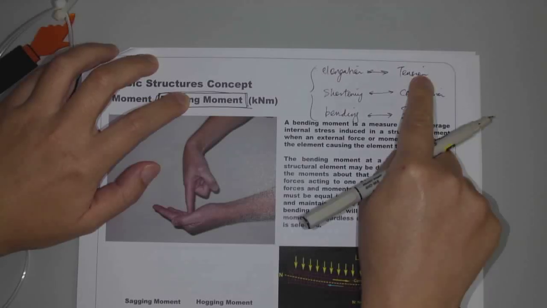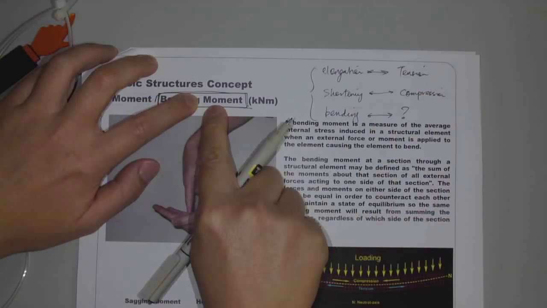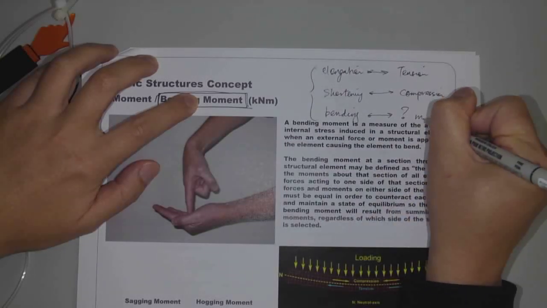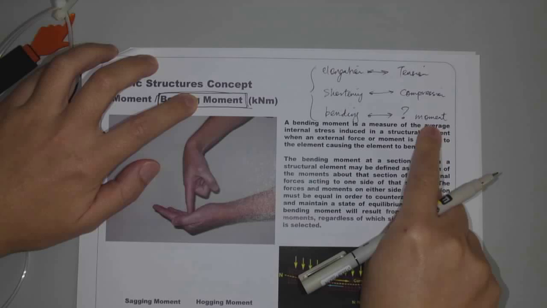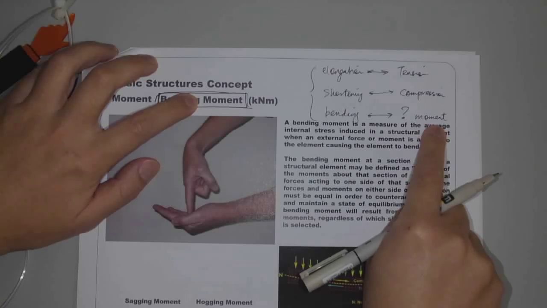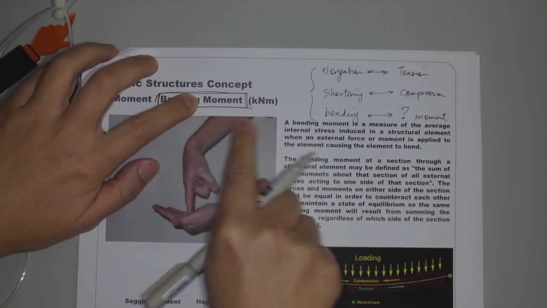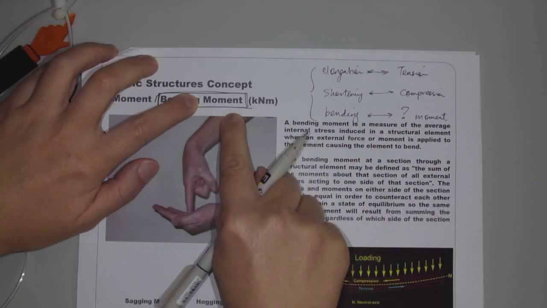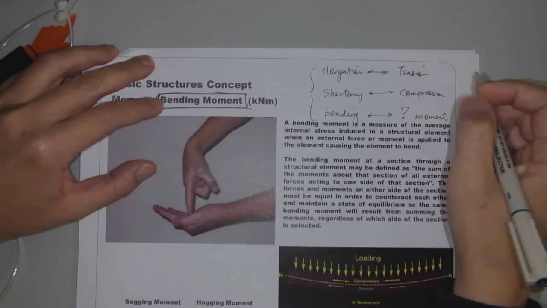It's due to not a force. It's due to a moment. Remember moment, that's something we talked about in week 9. So bending is not due to a force, it's due to a moment, and that moment is called bending moment.